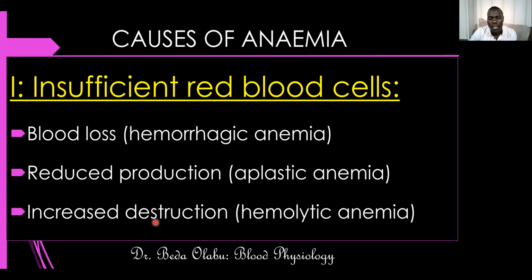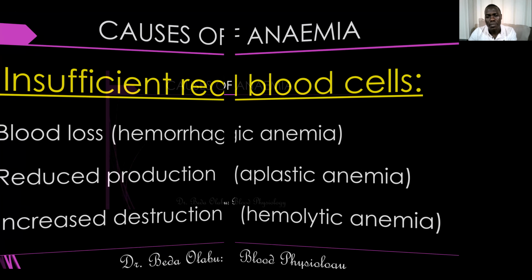So when the red blood cells are just undergoing hemolysis, it can give you anemia. And such kind of anemia are the ones we call hemolytic anemia. Could be genetic predisposition, could be some infections like malaria parasites can cause hemolysis. So these are anemia due to reduced red blood cell count.